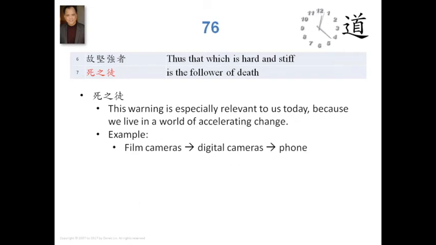So think about this sequence. We used to have cameras that had negatives, and then we had to develop the negatives. Then that transitioned into digital cameras, so we no longer have film that we need to develop. And now, a lot of people don't even have digital cameras anymore because it's already built into the smartphone. The smartphone actually has incredible resolution.